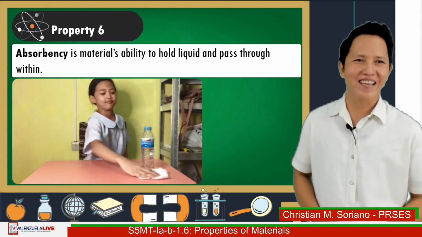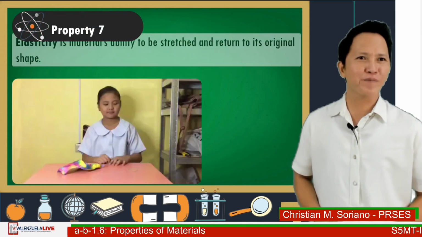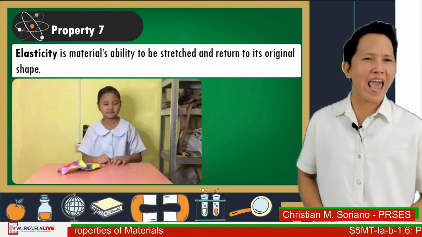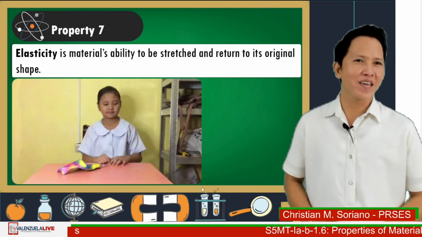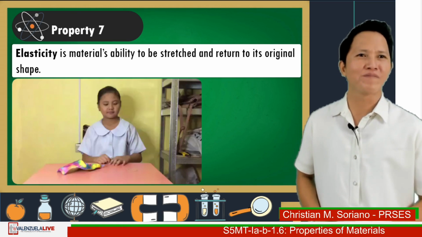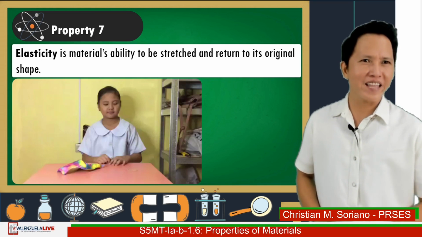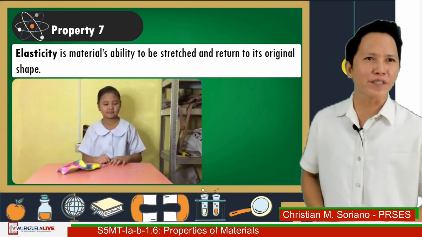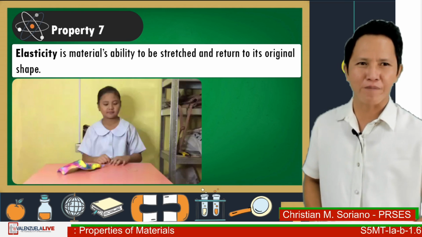All right? We have the next property. The next property is what we call elasticity. I'm sure in these days of pandemic, you have been using some elastic materials. But to define, elasticity is a material's ability to be stretched and return to its original shape.